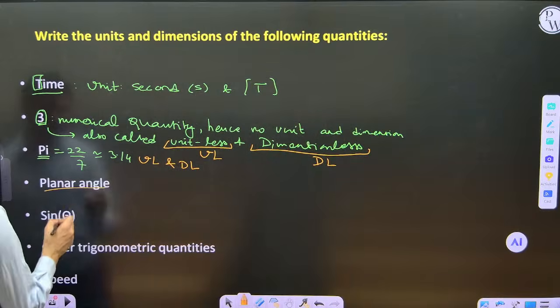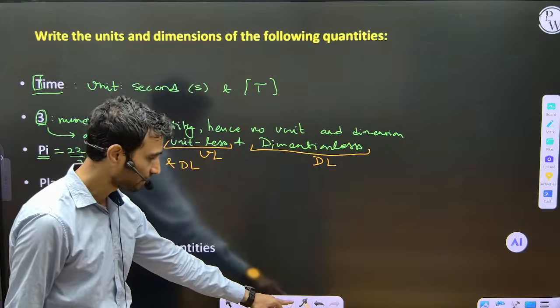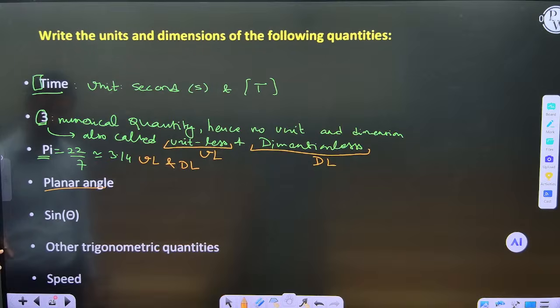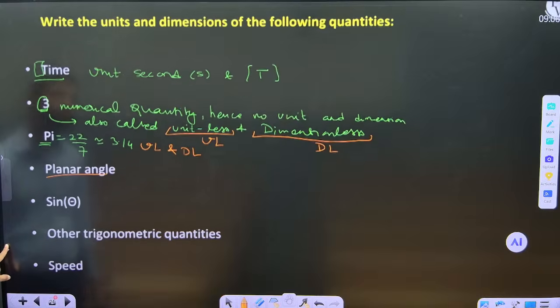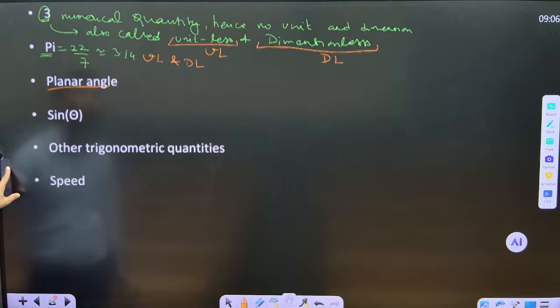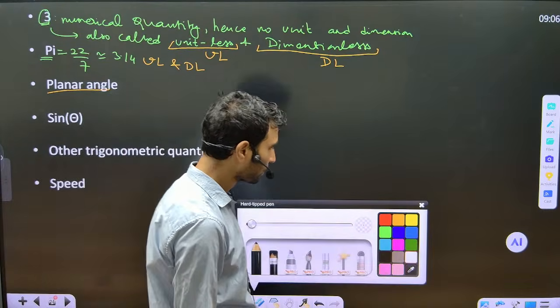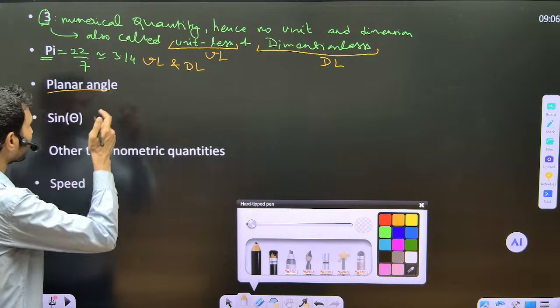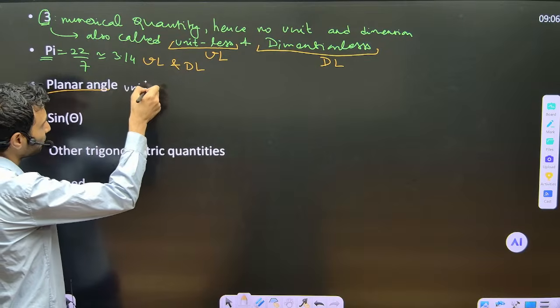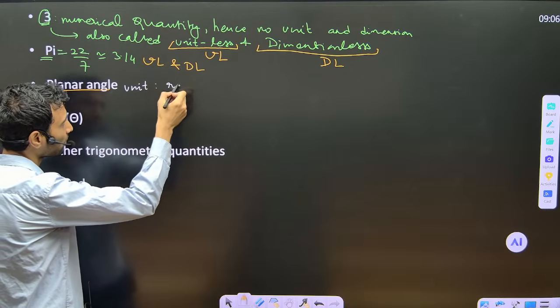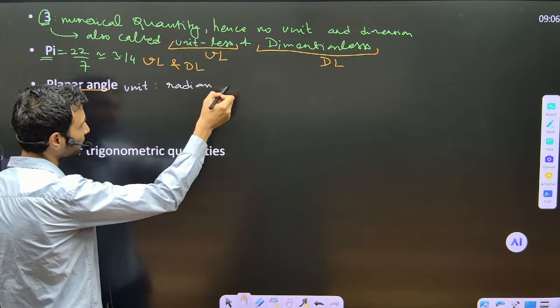Now plane angle. Let's see who can tell me, or kids can give a guess about plane angle. What will be the units of plane angle? So plane angle unit is what, guys? That I've already told you. Unit is radian, RD.